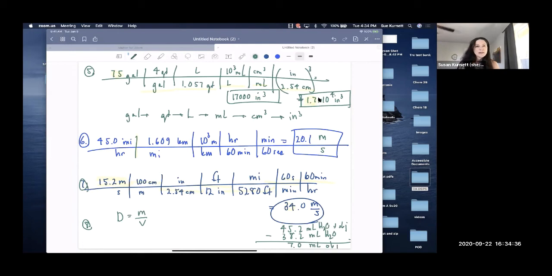In the tenths place, 0.2 minus 0.2 ends up being 0.0, but that is still significant. That is still the estimated digit. And so we've gone from 3 sig figs in the measured things down to 2 sig figs once we've obeyed the rules of sig figs for subtraction.